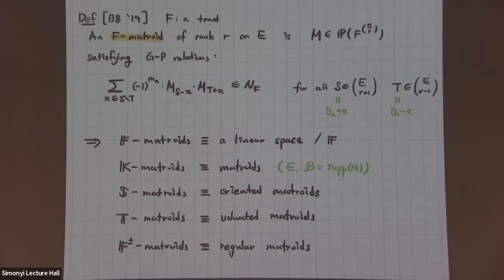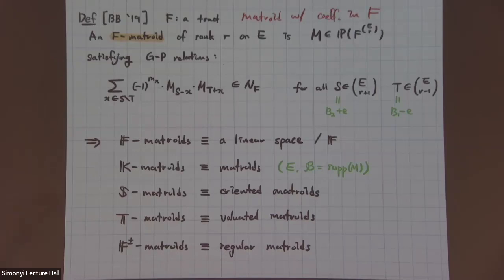So Matt and Nathan defined the F-matroid, or in another way, a matroid with coefficients in a tract F. It's nothing but a kind of point in the projective space.